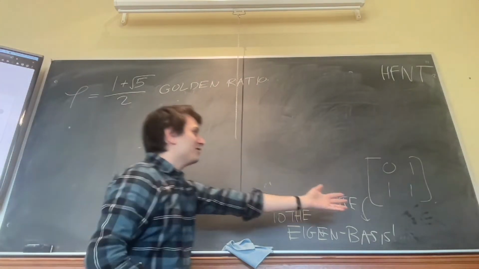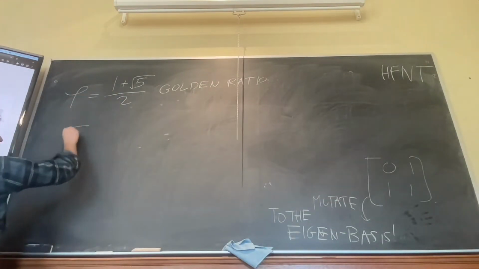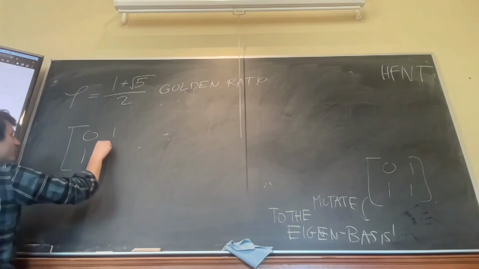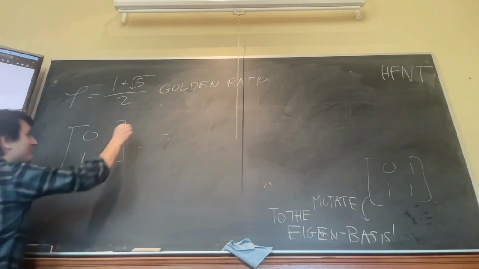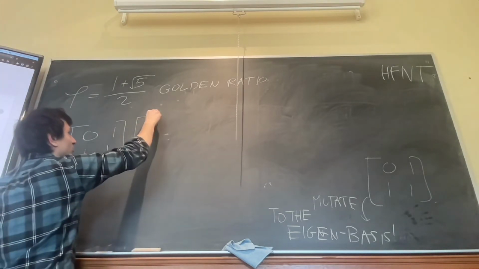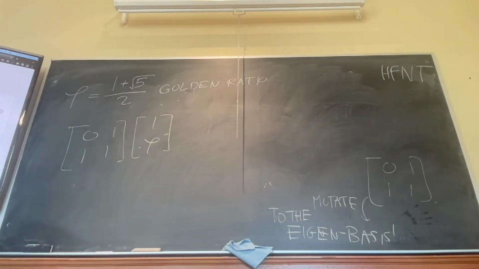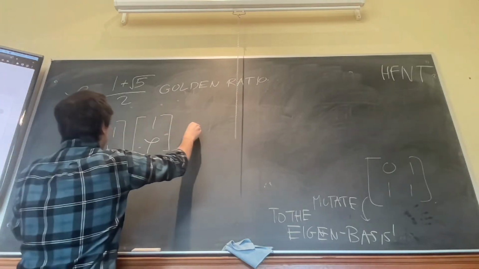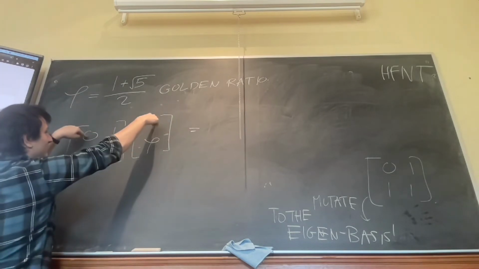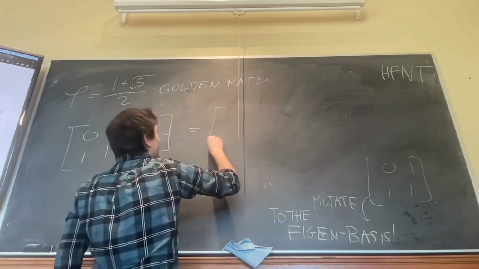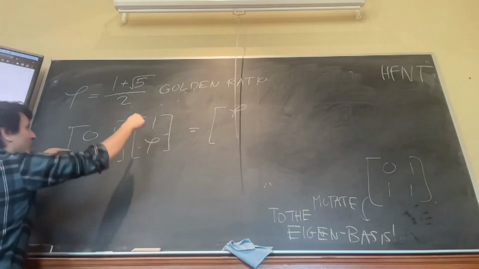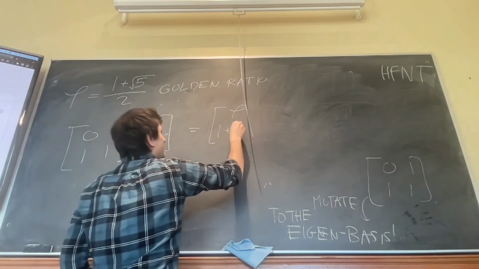What the hell does this have to do with anything? Let me show you. Here is a little magic trick. 0, 1, 1, 1. I'm going to multiply it by the vector 1, phi. Okay, what do you get when you do that? Well, you get 0 times 1, 1 times phi is phi. And here you get 1 plus phi.